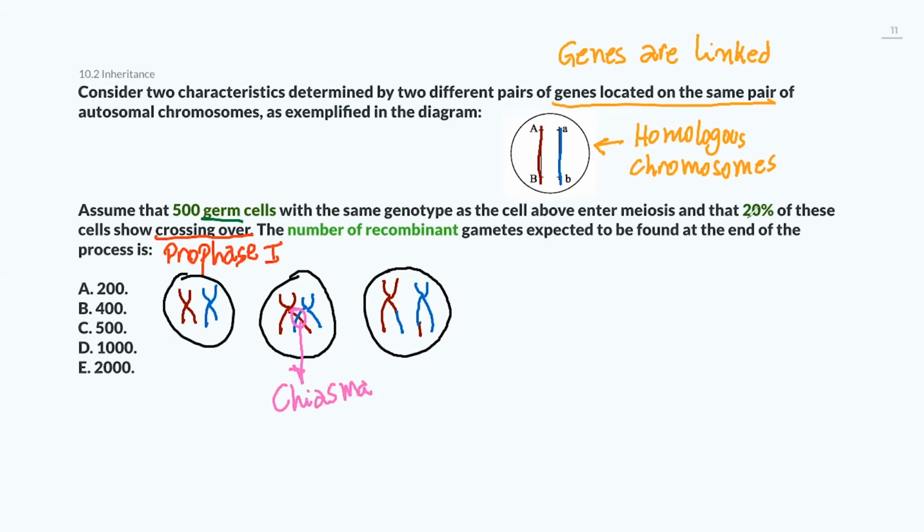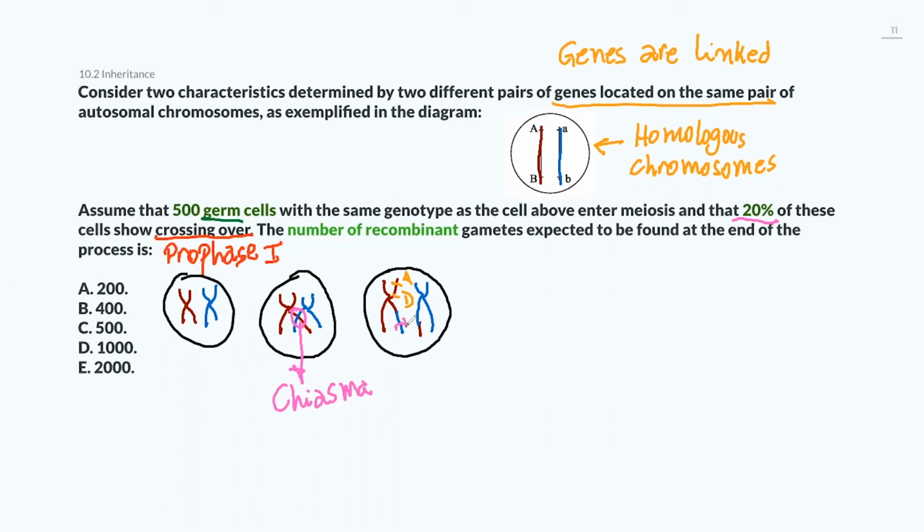The question says only 20% of these cells show crossing over because the rate of recombination depends on the distance between two loci. In this example, locus A and locus D are very close. Even though the chromatid went through a crossing over event, because those two loci are so close, they did not exchange between the two chromosomes.